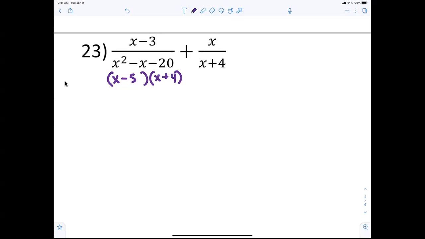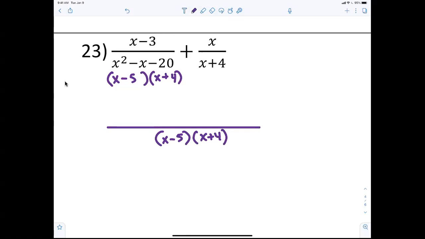I don't want to hear negative 5 plus 4. That's not the factors. You know it's plus 4 though, because there's one over here. That is correct. The common denominator is x minus 5 and x plus 4.